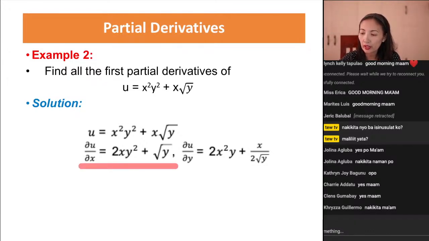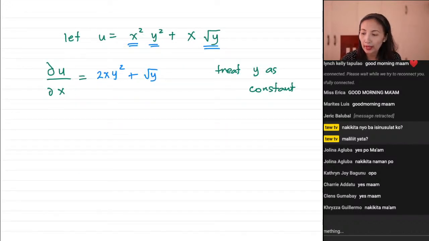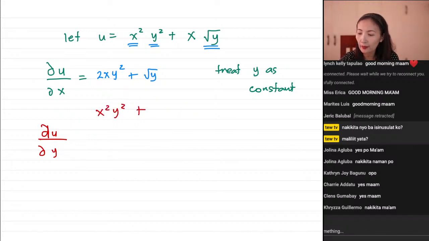How about when we differentiate with respect to y? What about the partial derivative of u with respect to y? In our function x squared y squared plus x square root of y, this will be treated as a constant, and this will be treated as a constant. So, what will this be?